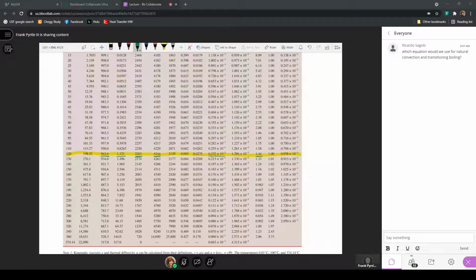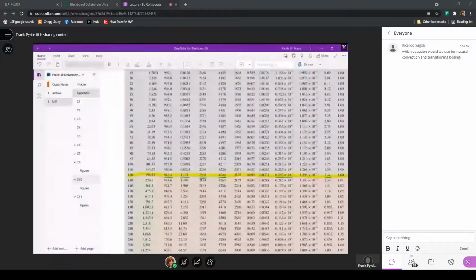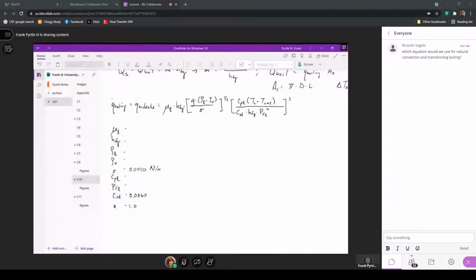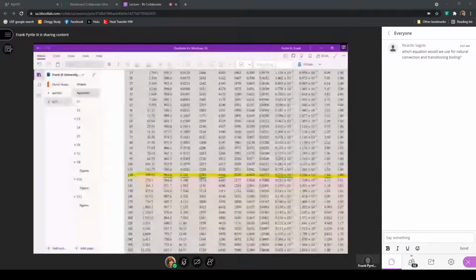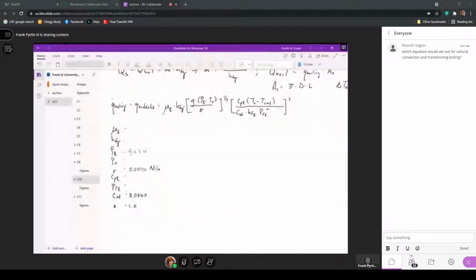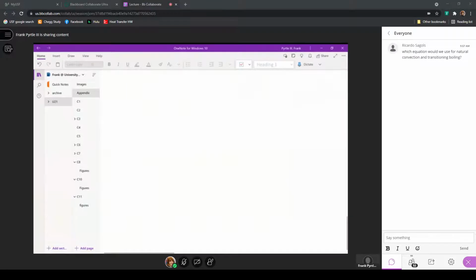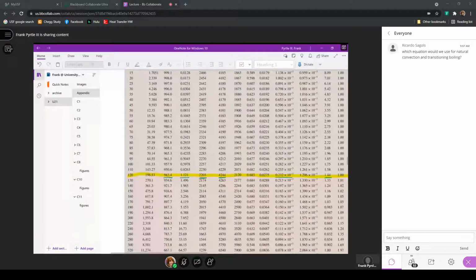So 943.4 for the density of the liquid phase, and the density of the vapor phase, 1.121 kilograms per cubic meter. The latent heat was next, 2,203 kilojoules per kilogram.